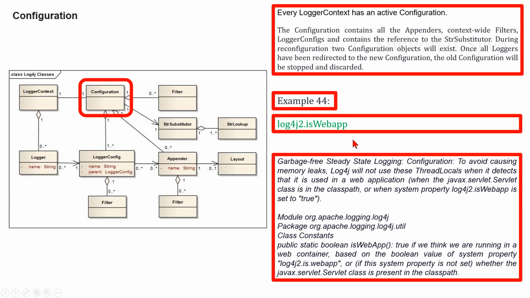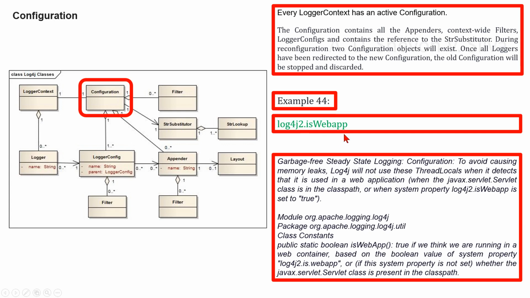To avoid causing memory leaks, Log4j will not use thread locals when it detects that it is used in a web application, when the javax.servlet.Servlet class is in the class path, or when the system property log4j2.isWebapp is set to true.